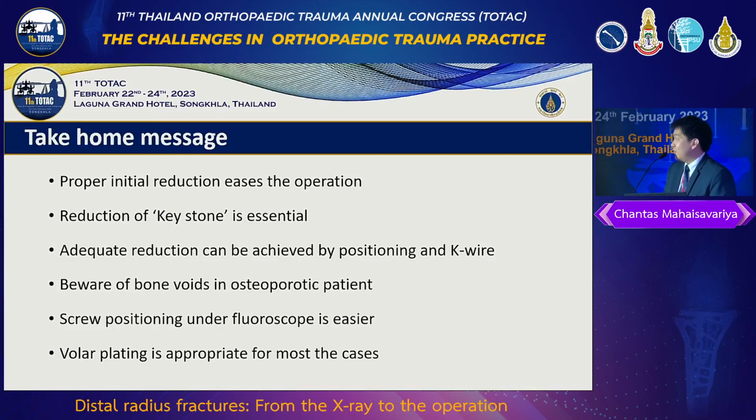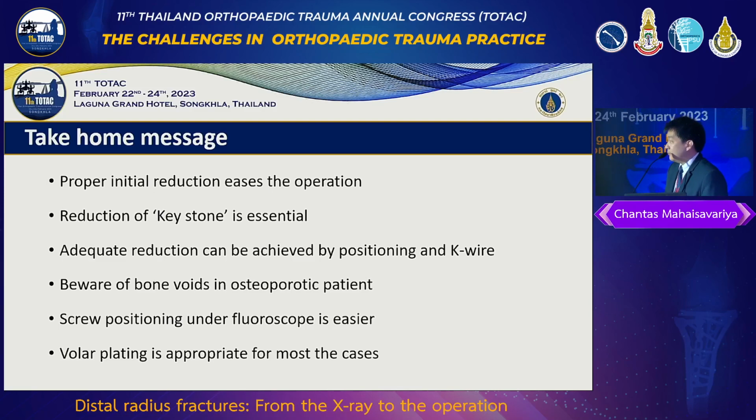So my take-home message is I emphasize that you do the initial reduction in every case to ease the operation. And reduce the keystone, because this one is essential. And you can do the adequate reduction by only using the K-wire for manipulation of the fragments at the radial styloid and positioning the wrist.